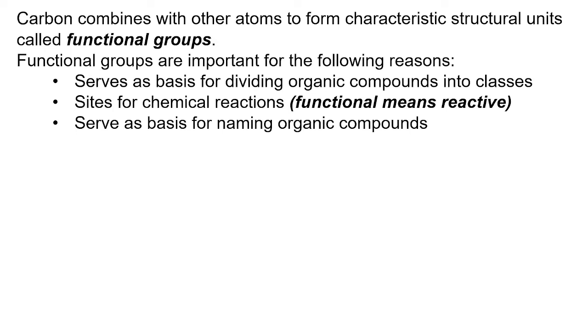Carbon combines with different atoms to form characteristic structural units called functional groups. These serve as a basis for characterizing or dividing organic compounds into classes. Also, these are sites for chemical reaction, or functional means reactive in any case, and it serves as a basis for naming organic compounds.